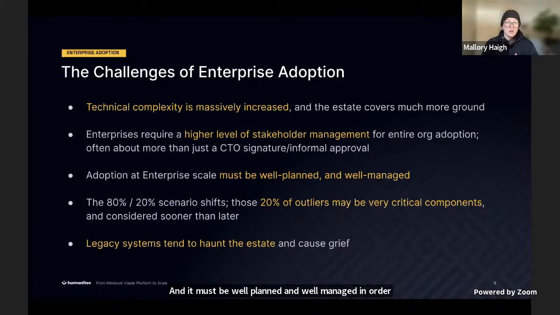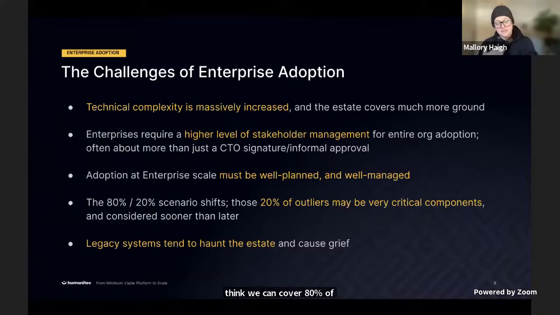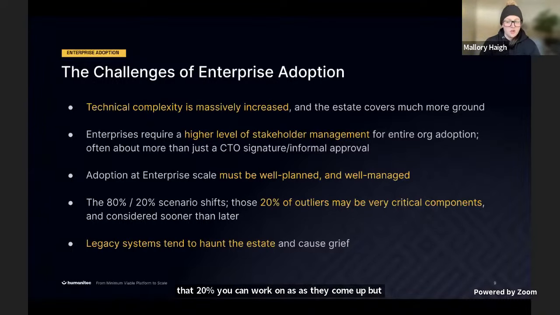They kind of also, as a general rule, the 20% of outliers tend to be some very critical components. So in smaller businesses, we think we can cover 80% of the estate fairly quickly, and that 20% you can work on as they come up. But often in enterprise organizations, those outliers, those kind of weird use cases are the ones that are very critical.